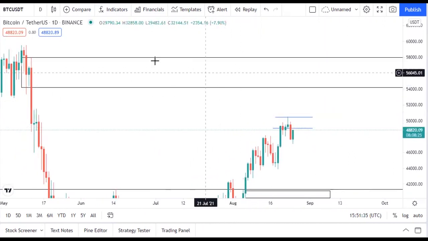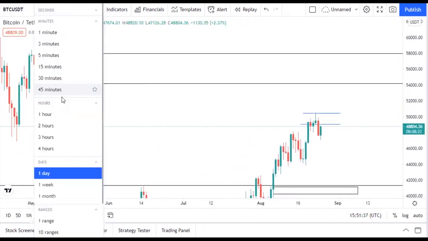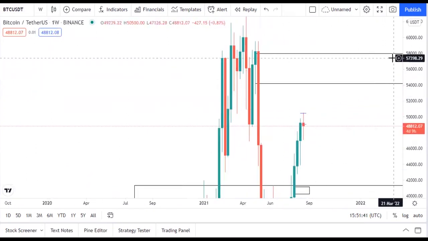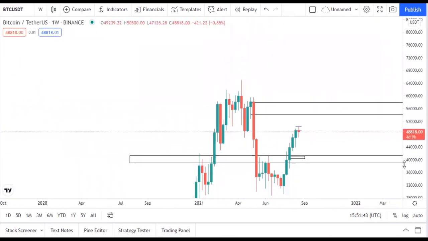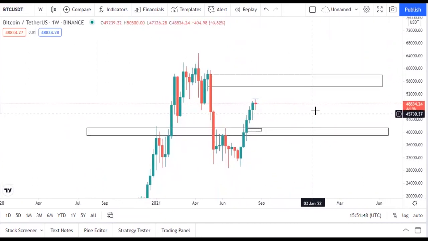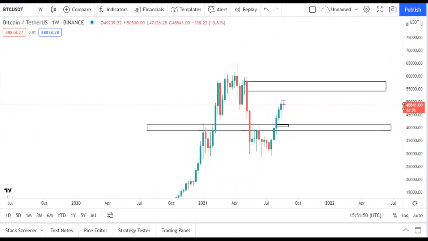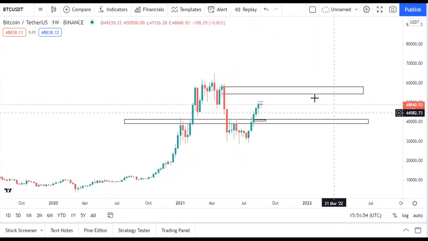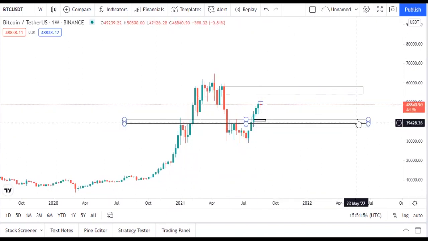The moment this zone is taken out, I personally will be very happy, because I know that we are going to be doing something crazy. But let's be very careful how we treat this zone. Whatever happens at this zone, I'm going to make a follow-up video so that we would know what is happening and what is not happening.